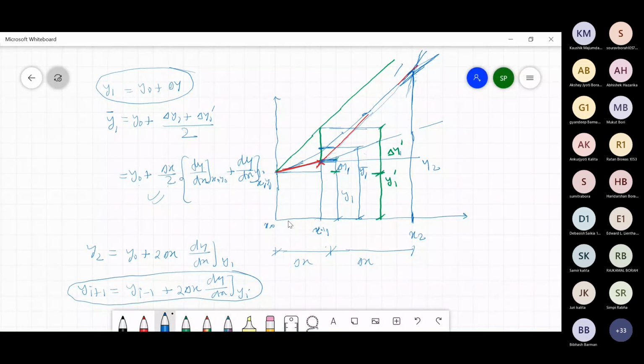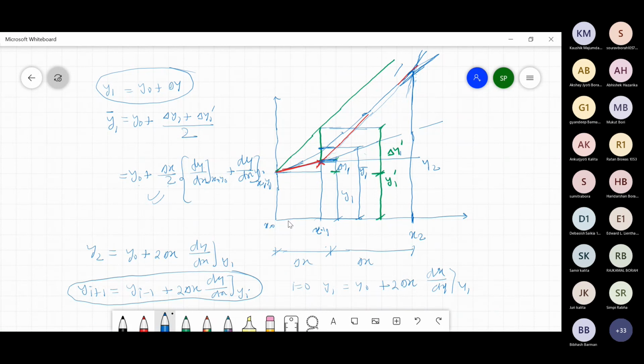That means if i is equal to 0, then y1 is equal to y0 plus 2 delta x dy by dx at y1. But our y1 is equal to y0 plus delta x by 2 into two derivatives, that means two slopes. One is at x0 y0, another is at x1 y1. That means this generalized formula you cannot apply in step 1.